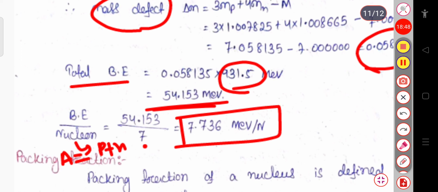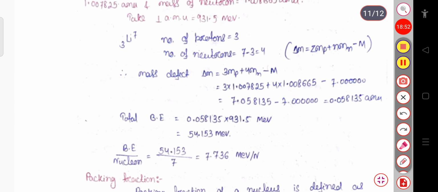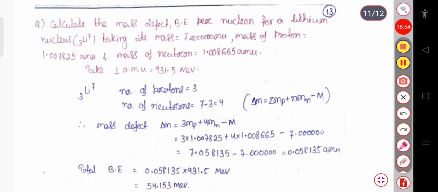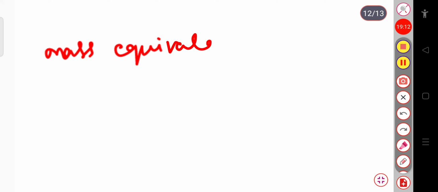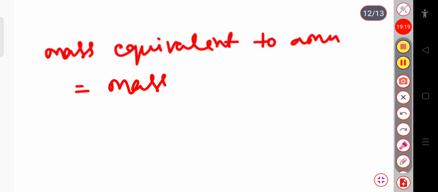Okay, per nucleon. So in this way you can solve many questions based on the mass defect and the binding energy per nucleon, or the question may be asked like you have to calculate the binding energy. So just remember one thing: if the question asks for the mass equivalent to 1 AMU, then that is equal to the mass of the proton.